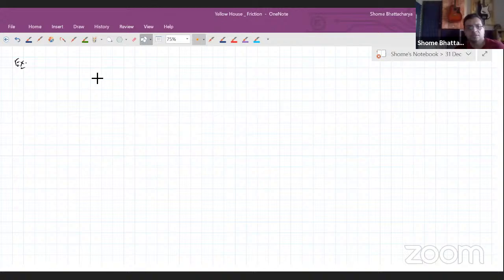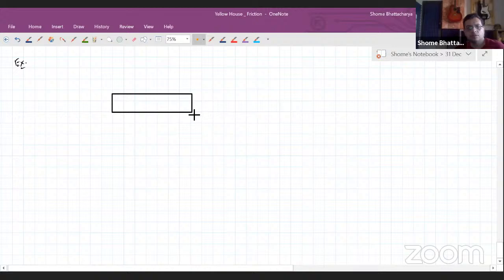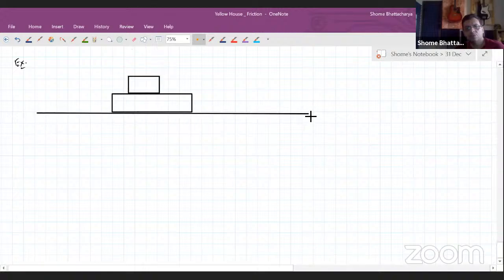Last time we had seen a situation where two blocks were placed one on top of the other, but that was a situation where the ground was rough and between the two blocks there was no friction. Now here it is going to be the opposite. The floor on which the heavier block is kept is going to be a smooth floor, but there is friction between the two blocks. That's what makes these types of problems more interesting.